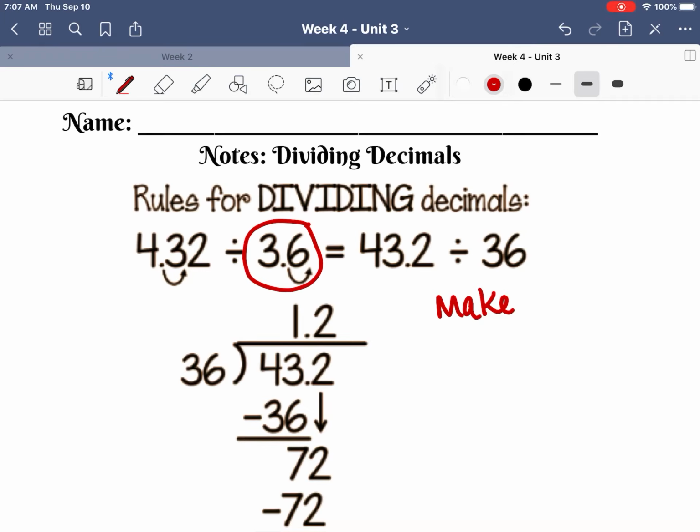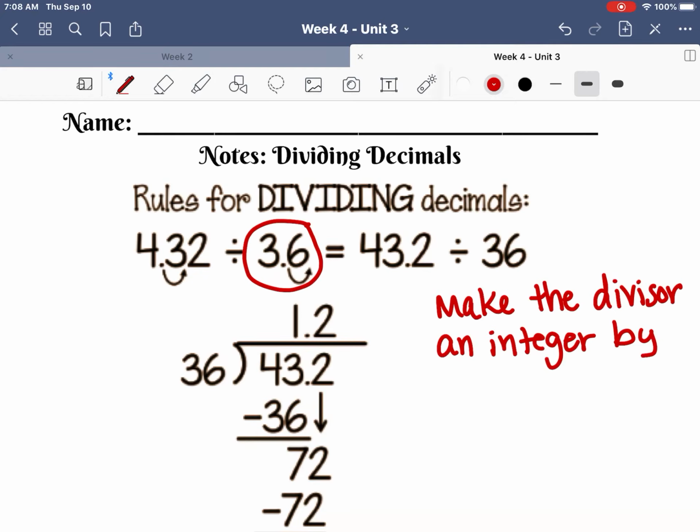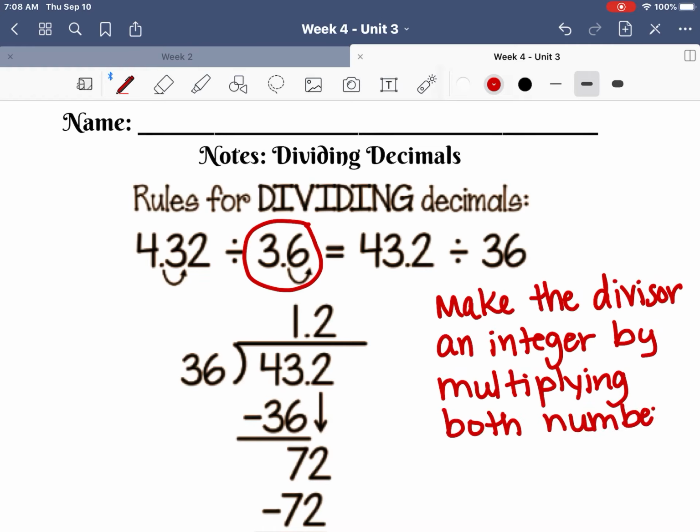Hopefully you have paper already because this is notes. You make the divisor, that's the second number, an integer, which means it's a whole number without a decimal, by multiplying both numbers by a power of 10.